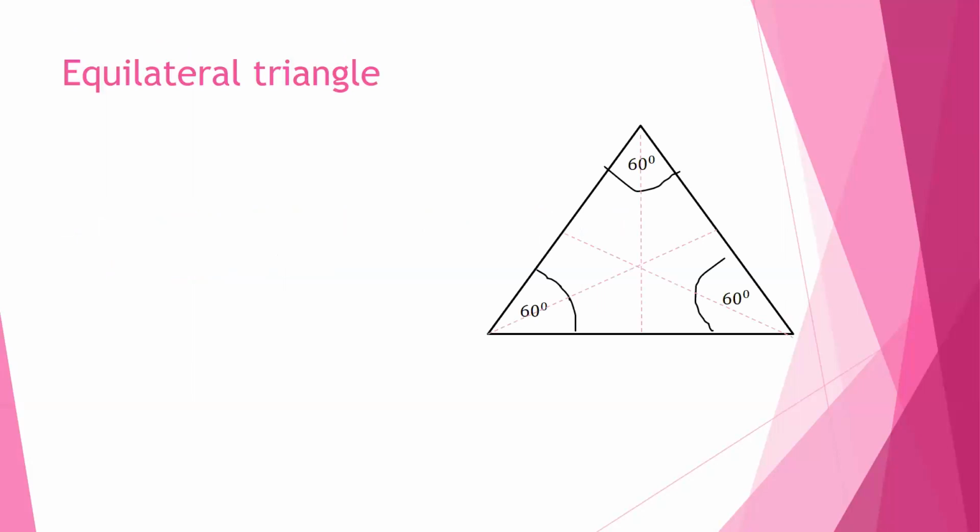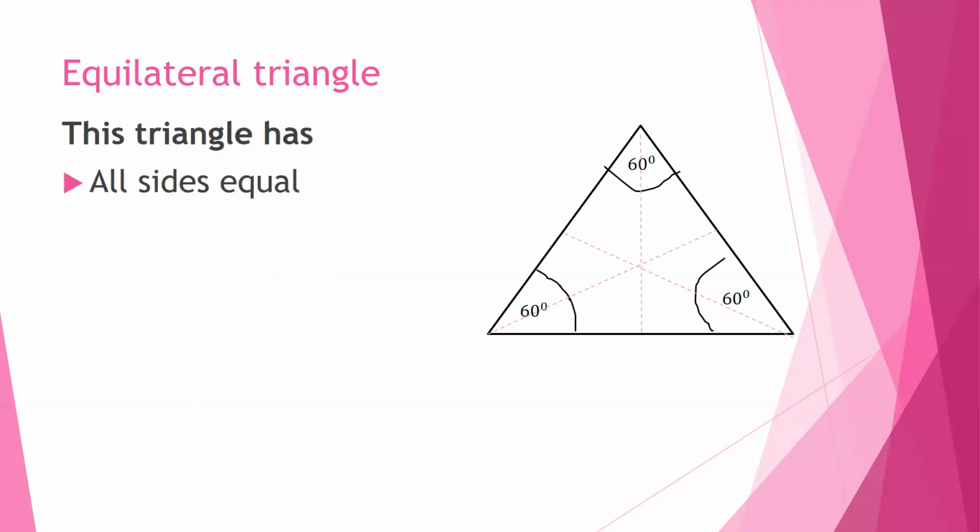Okay, so we have the equilateral triangle. It has all the properties that we listed: it has all sides equal. When we say all sides, we are talking of this side, and this side. All the sides are equal, right?